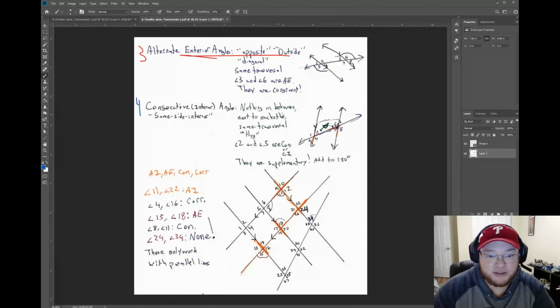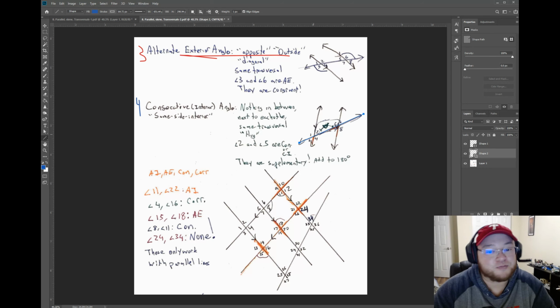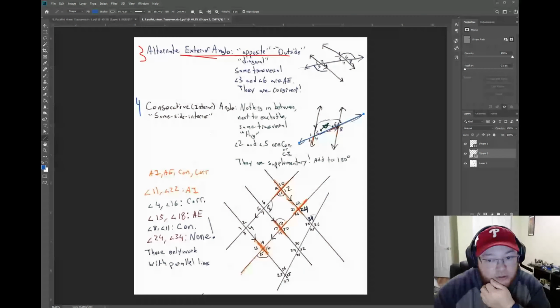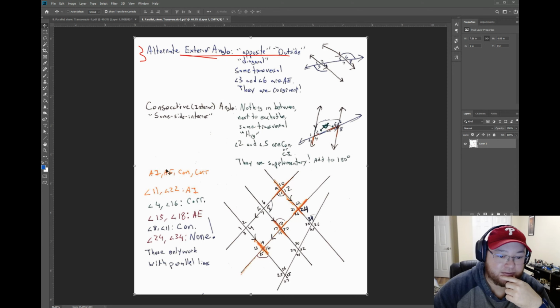So 2 and 5 are consecutive. There's nothing between them. They can walk to each other. They can high five. 4 and 7 are also consecutive. Now, what's important is they're supplementary. They add to 180. So whenever they're right next to each other with nothing between them, they are adding to 180.